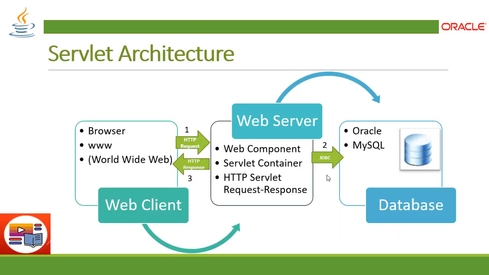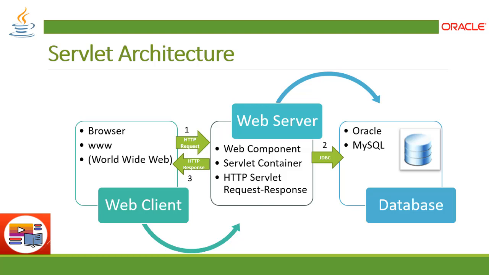So far, in chapter 1, we learned about Servlet architecture, where we learned about web client and web server and the complete process of how a servlet processes the HTTP request and gets the response to the client. According to this architecture, the browser starts from www.client name, goes to the server, and from inside the server, with the help of the HTTP request, it goes inside the web component and inside the servlet container where the Servlet API exists, and then processes the complete business logic.